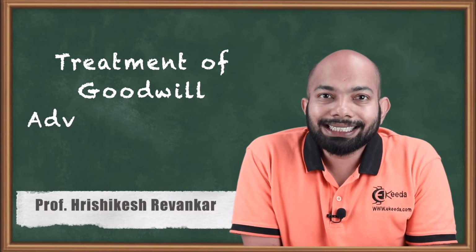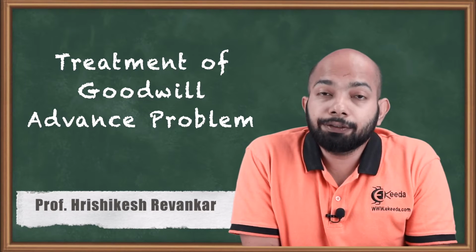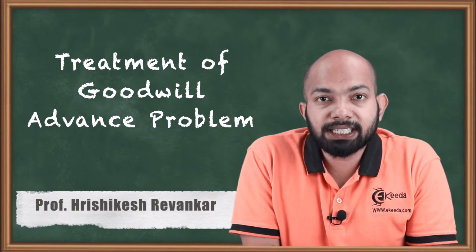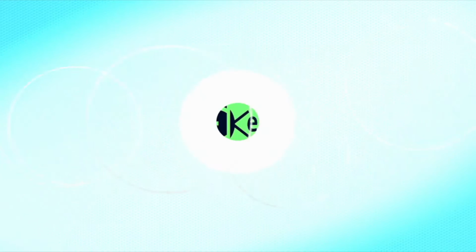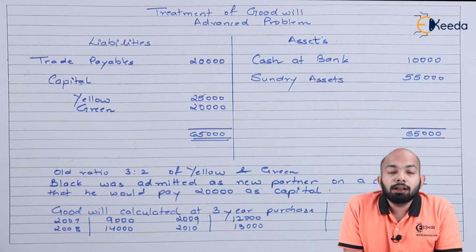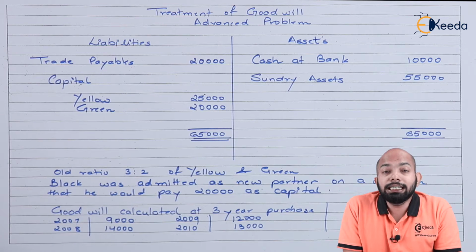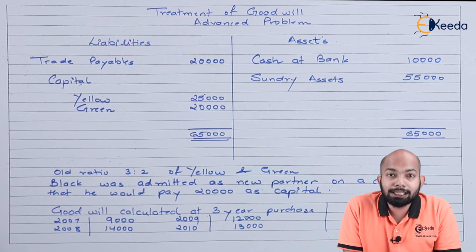Hello friends, we'll be discussing certain illustrations which refer to the treatment of goodwill in this specific video. What we have learned about treatment of goodwill is that the goodwill brought in by the partner has to be adjusted in a specific way, and the detailing of such goodwill is supposed to be done using the sacrificing ratio.